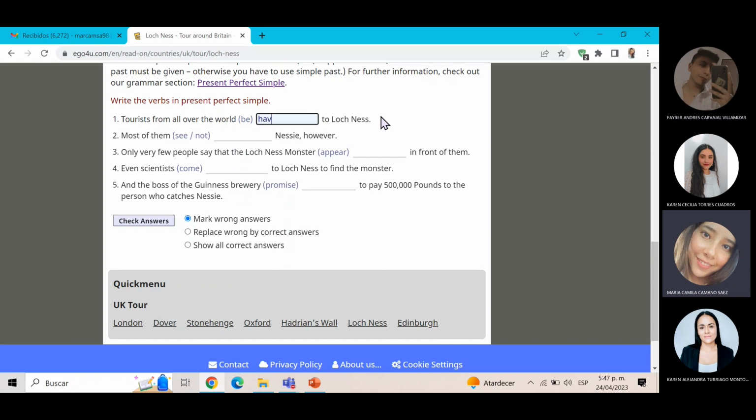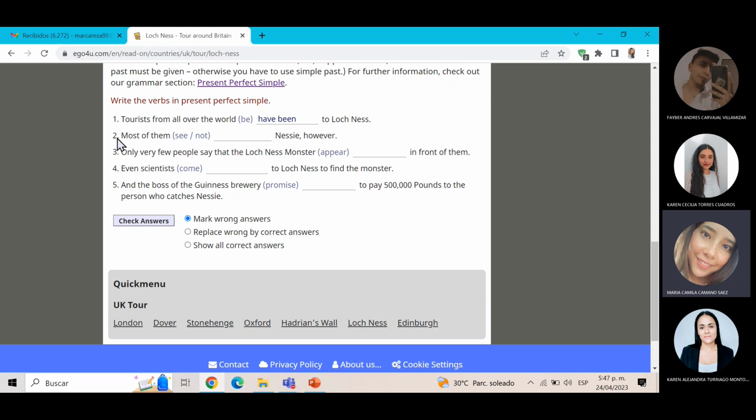Yeah, have, because we are talking about tourists, and tourists are they. And what is the past participle form of be? Been. Have been. Yes. So the sentence is: tourists from all over the world have been to Loch Ness.